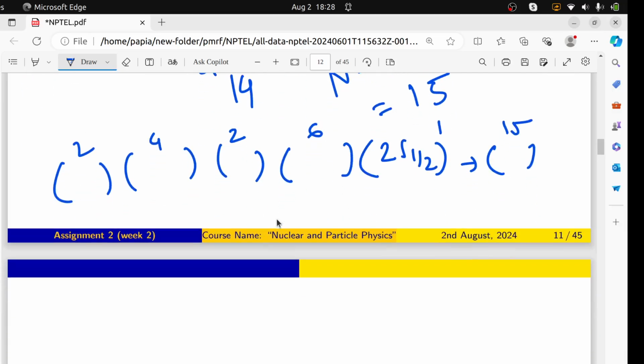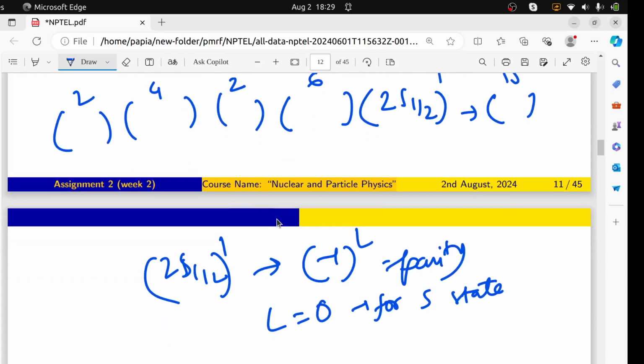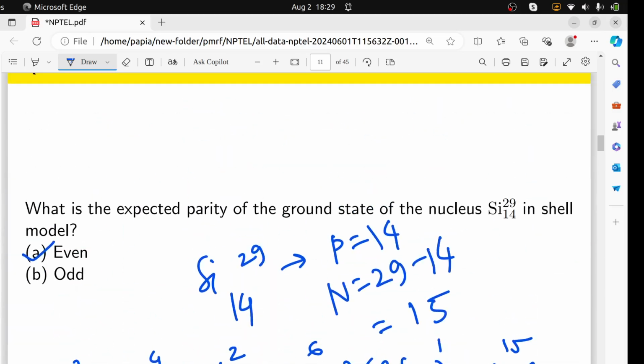And the main one responsible is 2s 1/2 ^1. So for that case, (-1)^L is the parity, and L is here 0 for an s state. So the parity will be (-1)^0, which is positive. That means even parity. Okay, so it is coming as even.